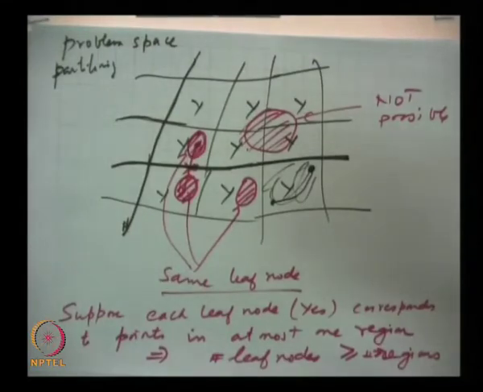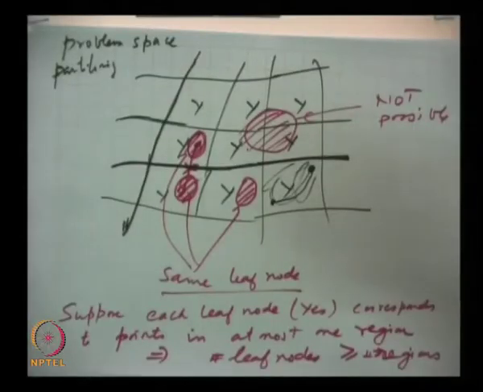So, there cannot be a no point associated with the yes leaf node. So, just from the convexity property it follows that a leaf node can be associated with at most one region.